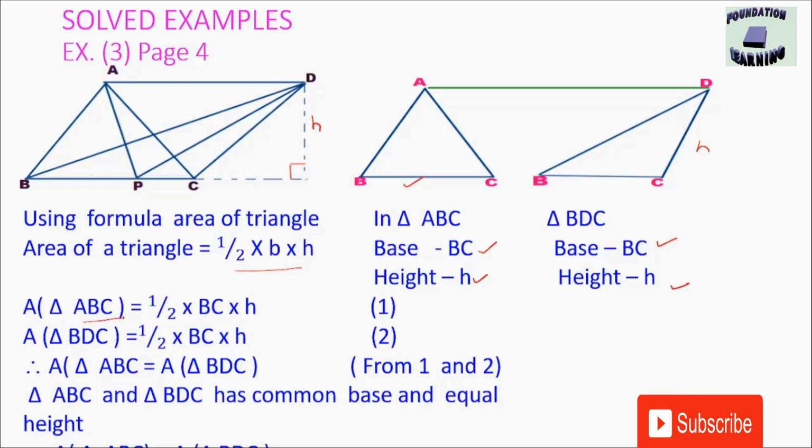The area of triangle ABC is equal to half into BC into h. Area of triangle BDC is half into BC into h, again the same thing. Now from 1 and 2, if you compare these two, naturally triangle ABC is equal to triangle BDC.